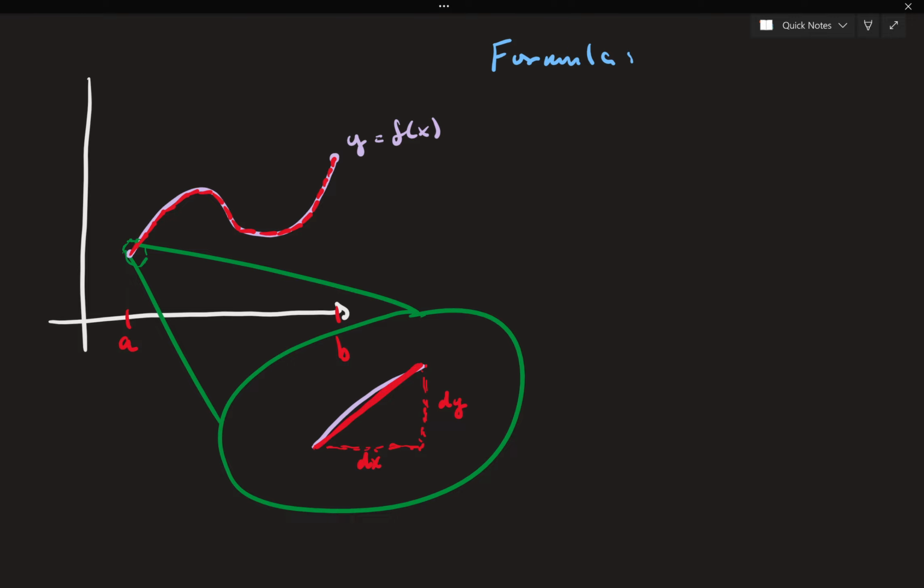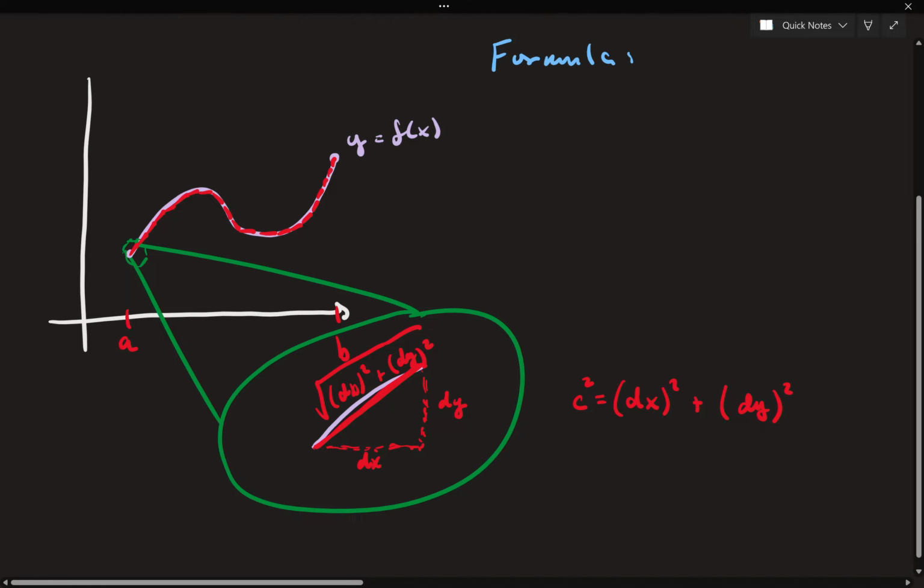This side length, by Pythagorean theorem, I'll call c. I know c squared is dx squared plus dy squared. So c is the square root of dx squared plus dy squared.